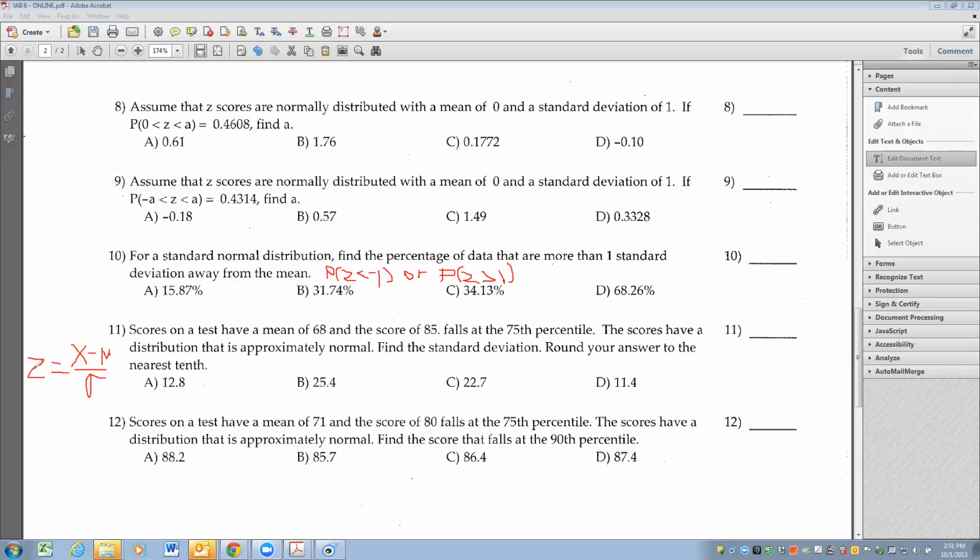You're given a z-score, or you're given a percentile. From that percentile, you can come up with a z-score like we did in our examples at the beginning of the lab here. You are then also given an x value, you're given the mean, and you can then find the standard deviation by solving this equation for sigma.